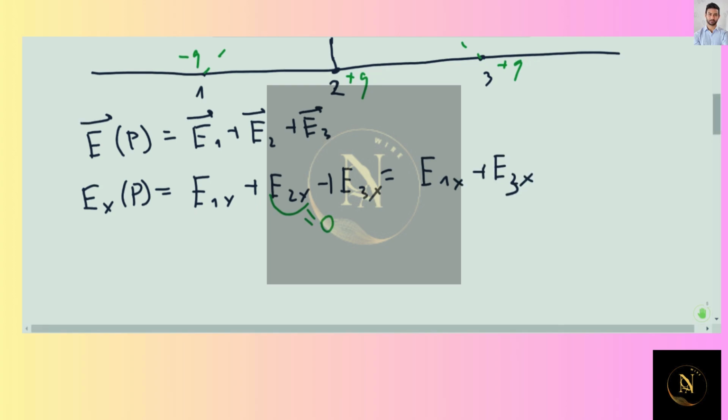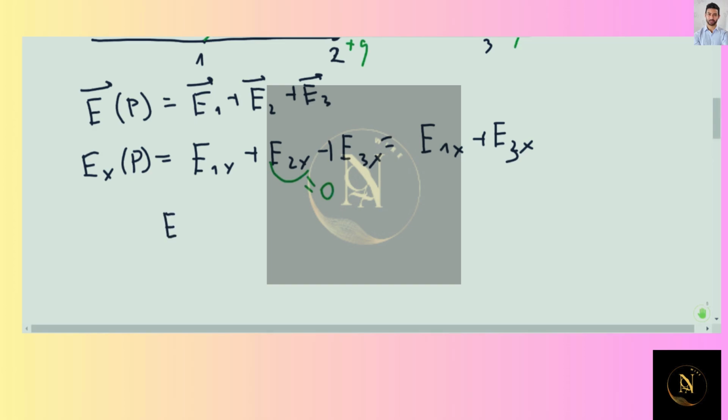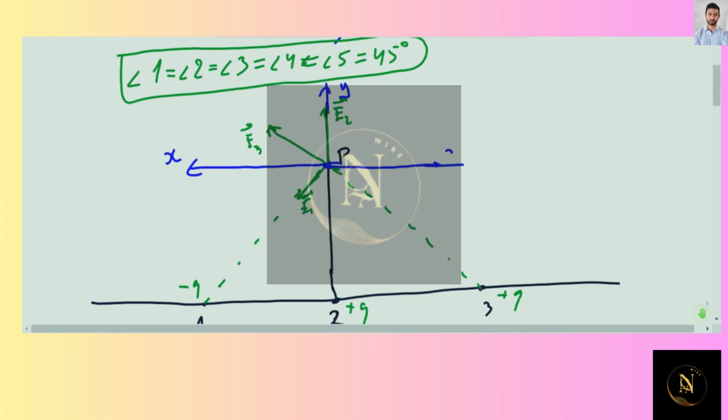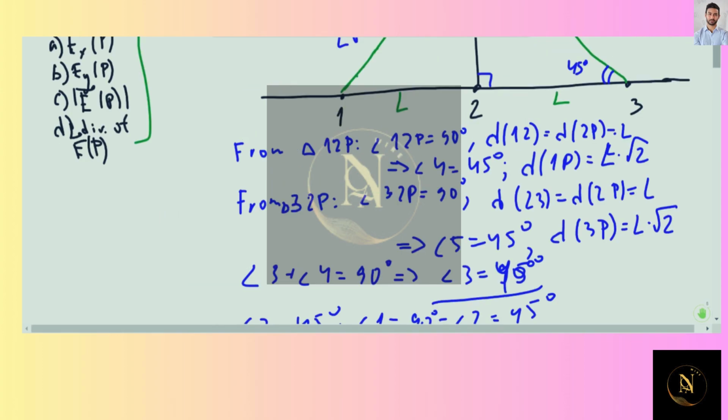Now let's calculate E1x and E3x. E1x equals E1 multiplied by cosine of... we need this angle, which is angle 3.